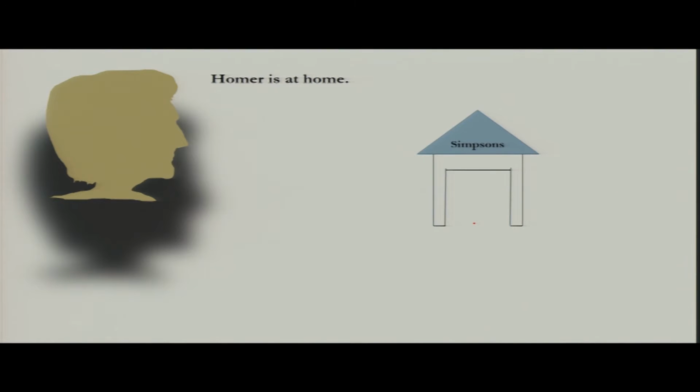There exists Homer's home. So let this be the home. But even then, when somebody says Homer is at home, we understand that we can first pick out Homer, then home, but even then we don't know whether the sentence is true or not.